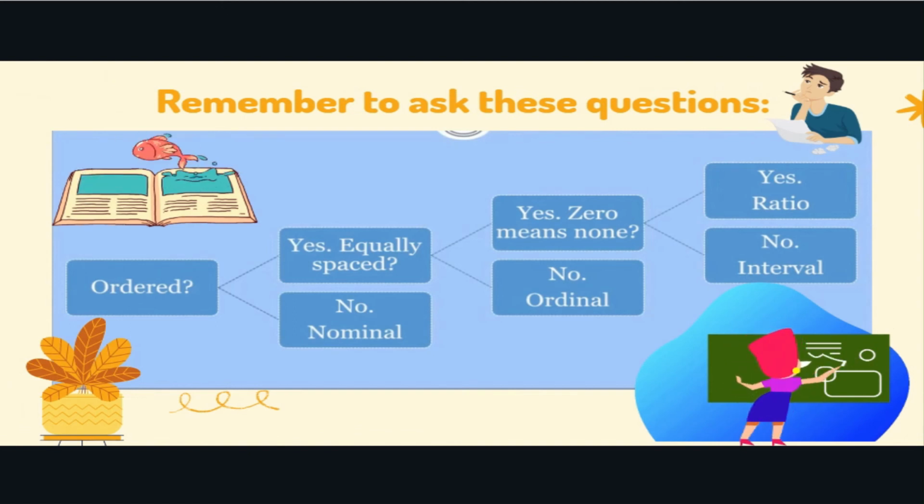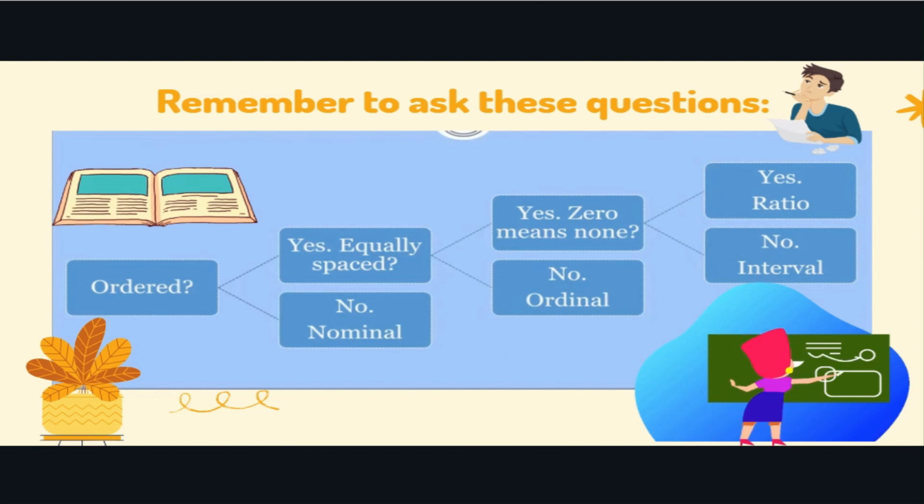And to decide what category a particular variable is, let's ask ourselves these questions in order. First, is the variable ordered? If not, the variable is nominal. If it is ordered, ask yourself if there is an equal distance between values. If not, the variable is ordinal.